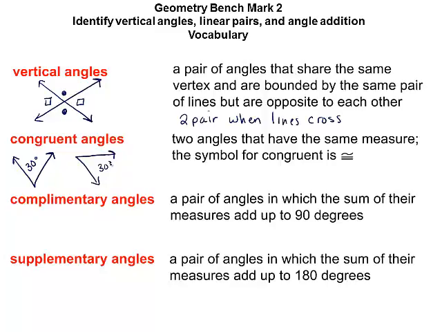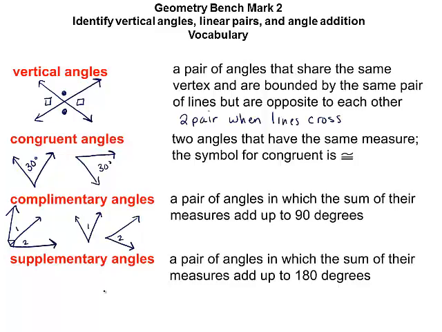Okay, complementary angles add up to 90 degrees. Okay, we can have this occur in two ways. They can be touching one another and make a 90-degree angle. And so we can have angle 1 plus angle 2 is equal to 90. Or they can be kind of out in space, like this.